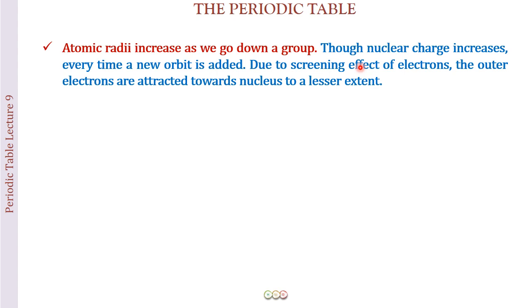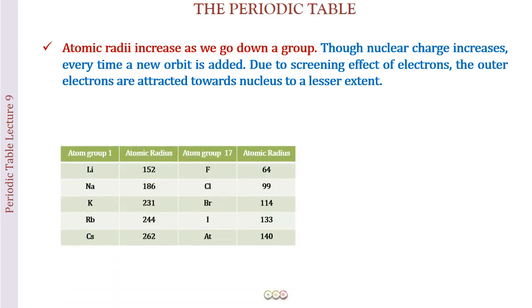This means there are more electronic repulsions, and there is going to be a higher value of the shielding constant, and hence the outer electrons are attracted towards the nucleus to a lesser extent. And the sum total of all this is going to cause the increase in the atomic radius down the group.